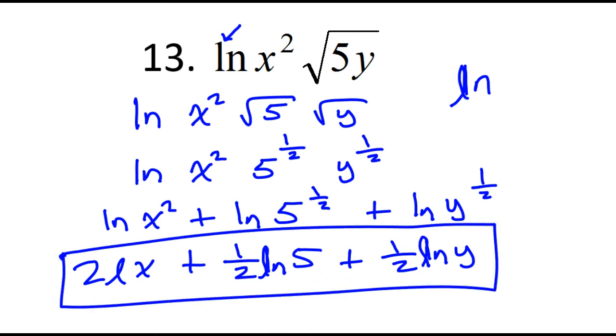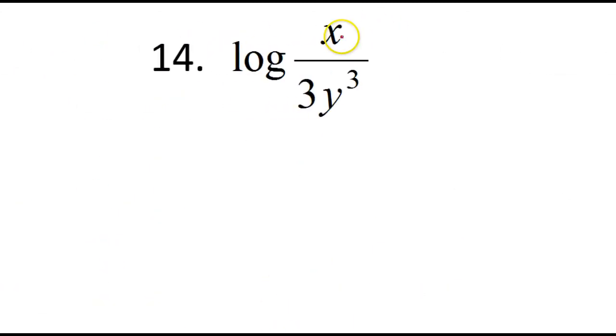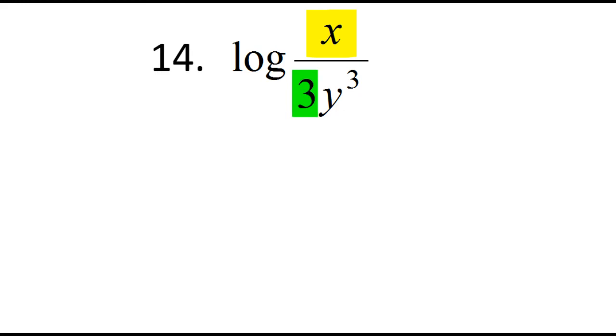Alright, I think we have one more of these. Okay, now this time I see that fraction. I have a denominator. That means there's going to be some subtraction going on. So look, I have 3 things here. I have x, and I have 3, and I have y to the 3rd power.